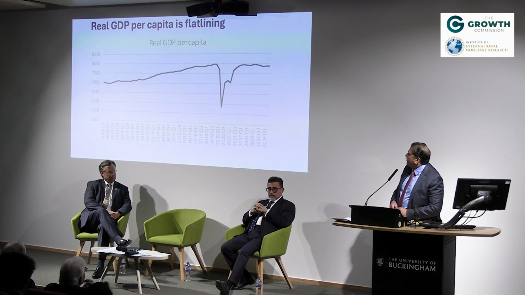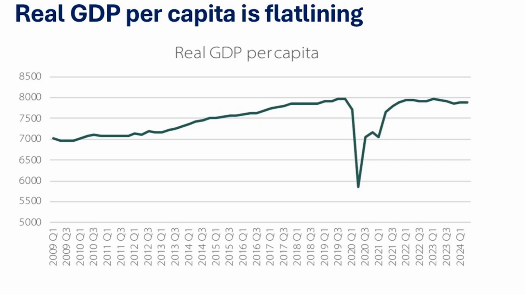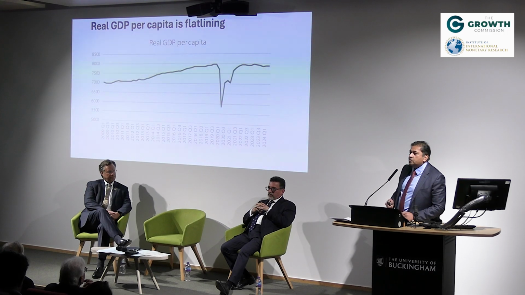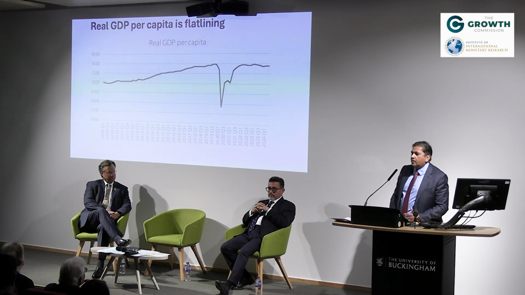So the problem. Real GDP per capita is flatlining. The previous panel discussed this in some detail, so I'm not going to dwell on it. But I think we have to come to an agreement first of all on the problem that we're trying to fix.